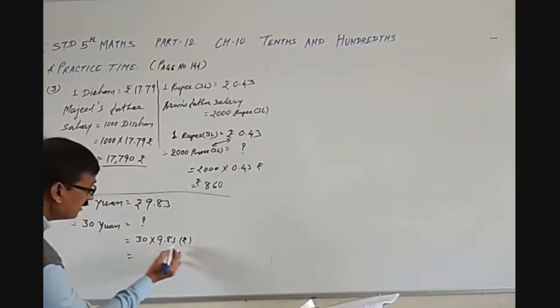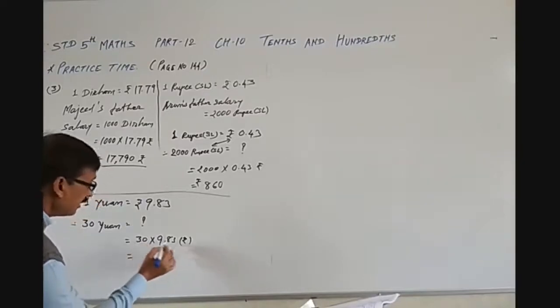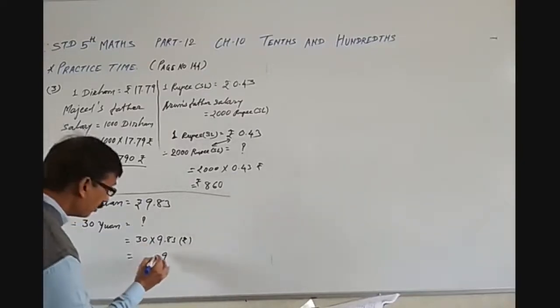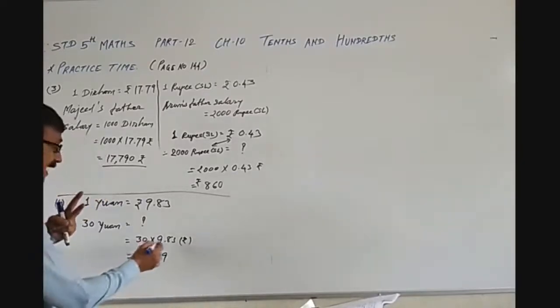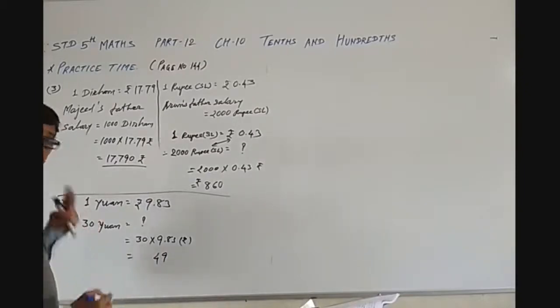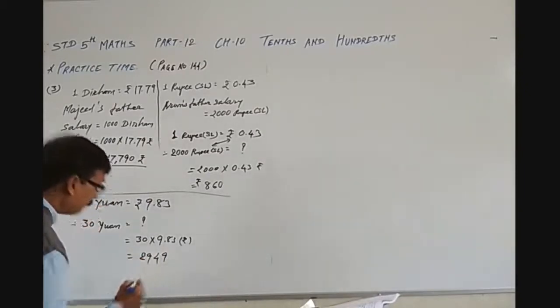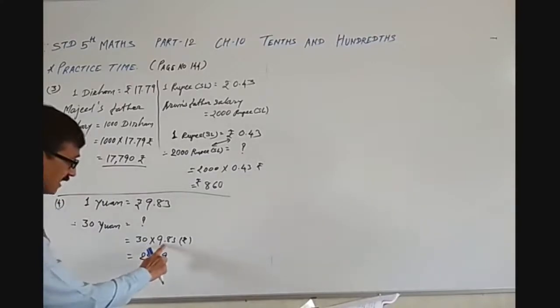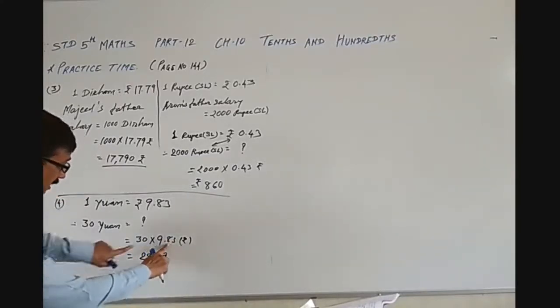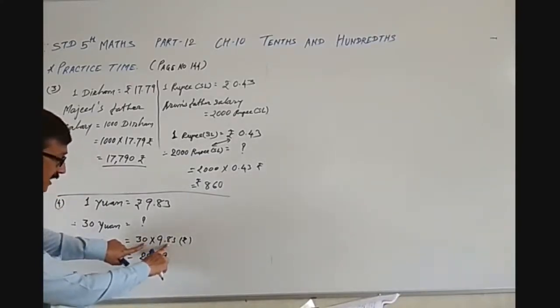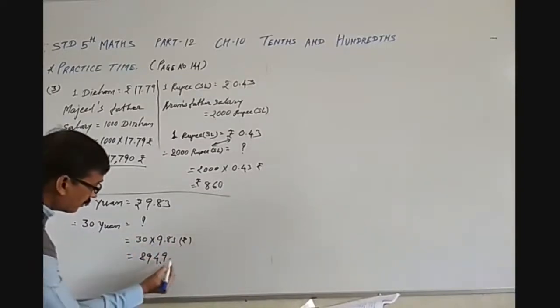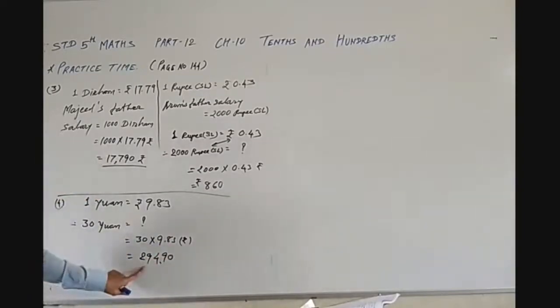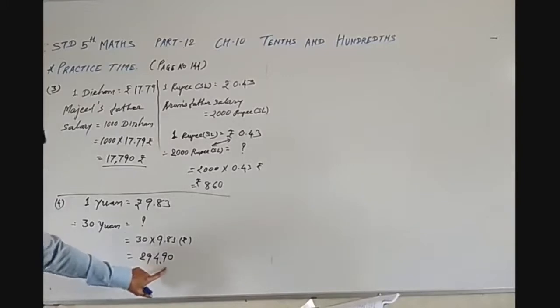See, 3 3s are 9, 3 8s are 24, so 4, 2 carry, 3 9s are 27, plus 2, 29. Here you can see there are two decimal places in 9.83, so there will be two decimal places in the answer. So it will be 294 rupees and 90 paisa.